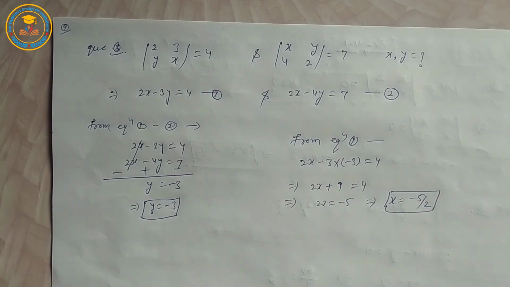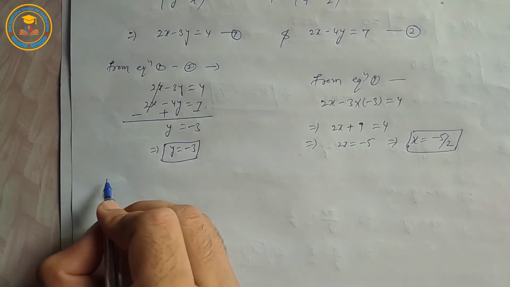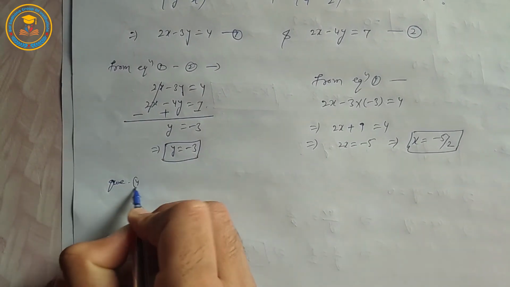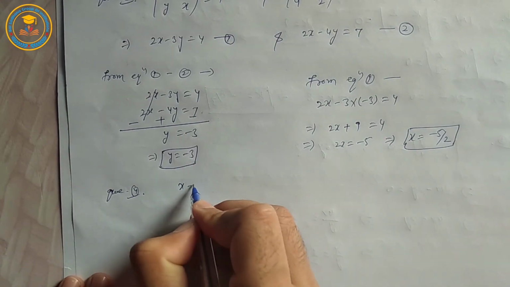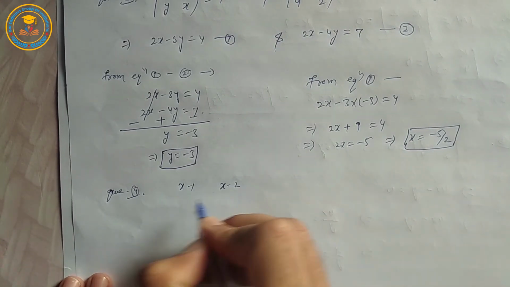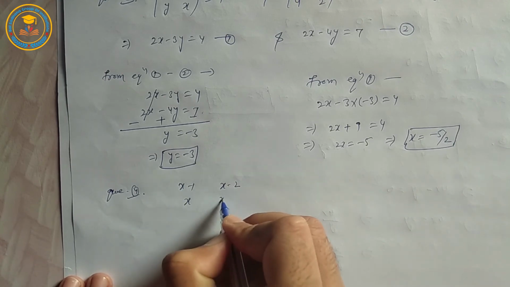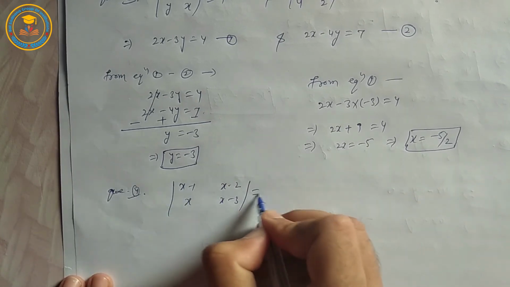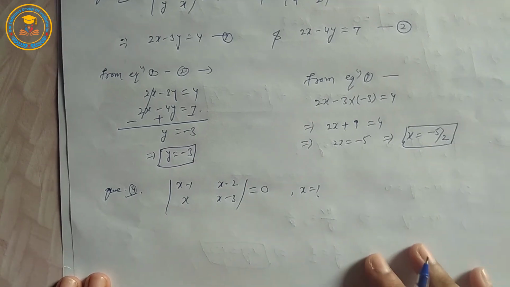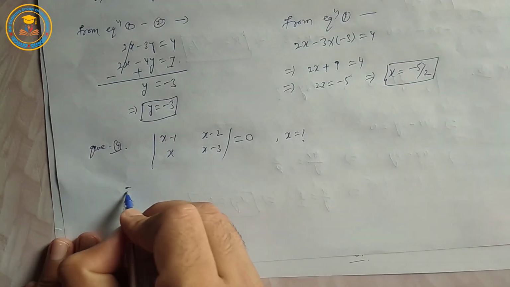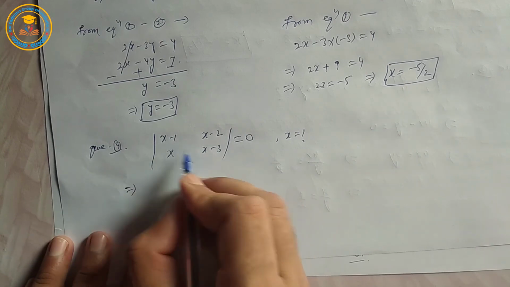Next question. Question number 4. If the determinant with rows x-1, x and 2, x-3 is equal to 0, then find the value of x. Order of determinant is 2 by 2.